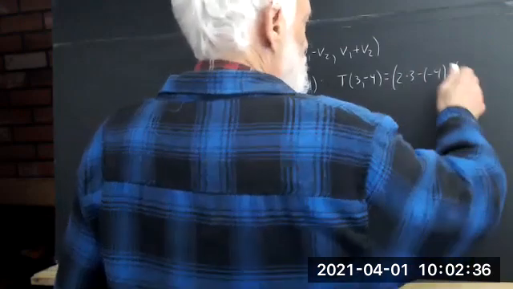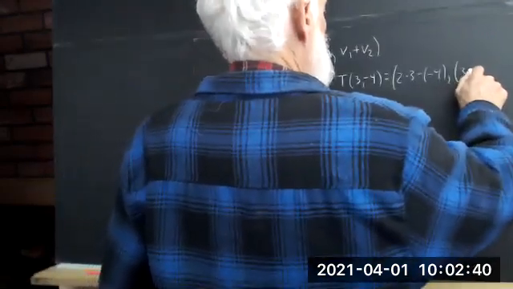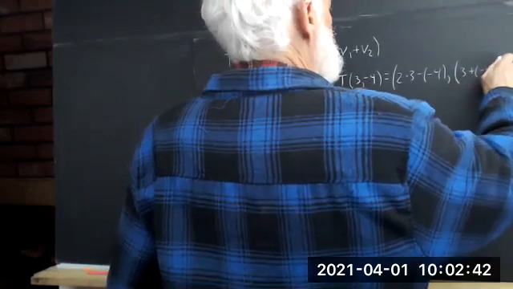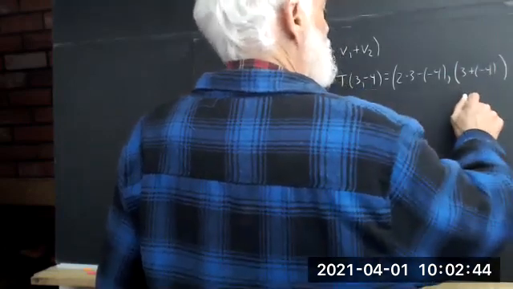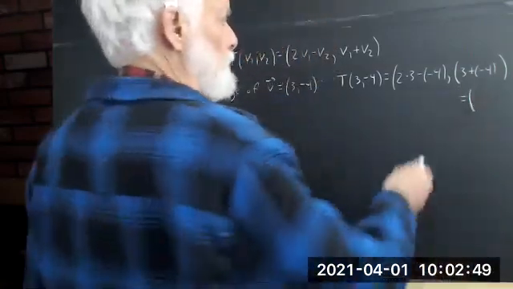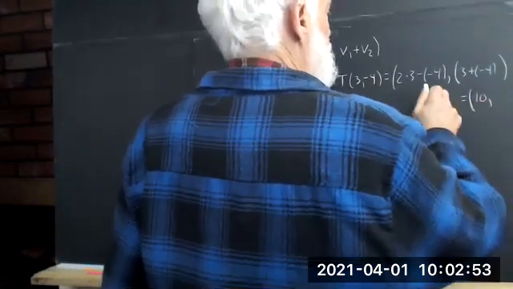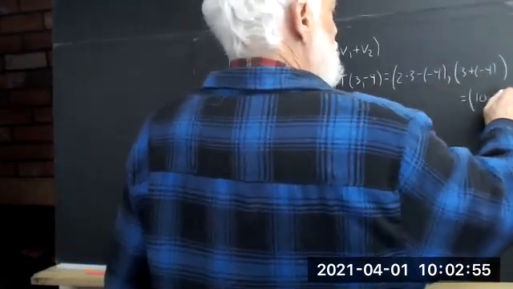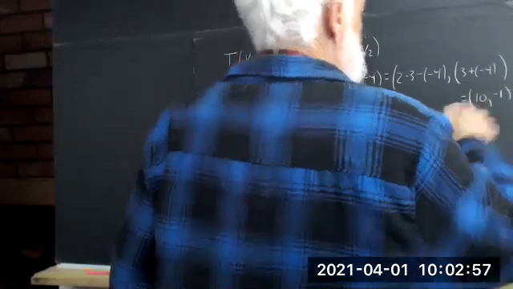I don't need parentheses, but since I've written it, I'll go ahead and use it. And 3 plus -4. Arithmetic is easy, so I'll probably mess it up, but that's going to be 10, and this is going to be -1.